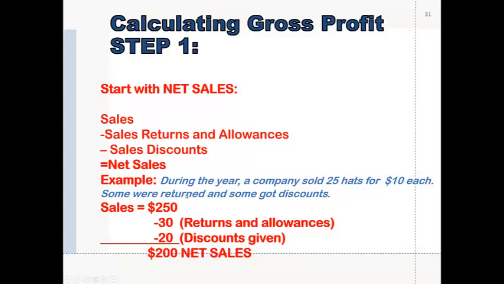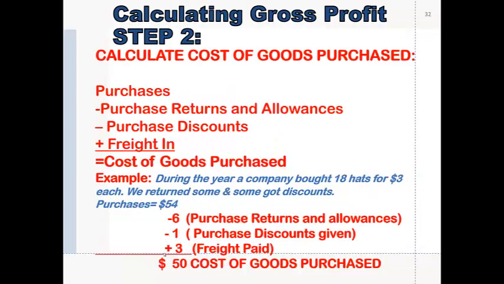Some of the sales were returned by our customers, and some of our customers got discounts. So we had $30 in returns and $20 in discounts. So net sales would be $250 less the $30 less the $20. So net sales is $200. Okay, so we're going to take that net sales and set it aside for a minute, and now we're going to start the process of calculating the cost of goods sold.